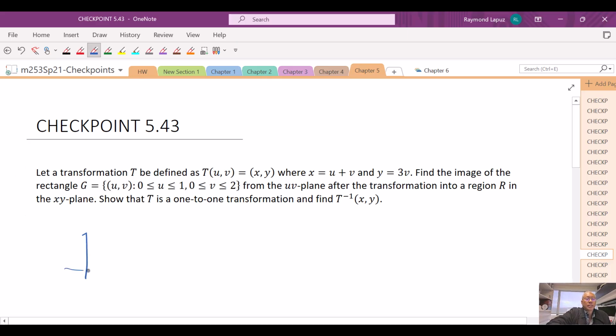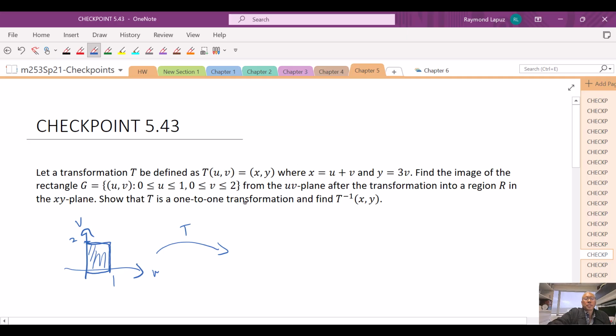So the idea is that we have the uv plane here, and u goes from 0 to 1 and v goes from 0 to 2. We are trying to figure out where this image will go after we perform the transformation.